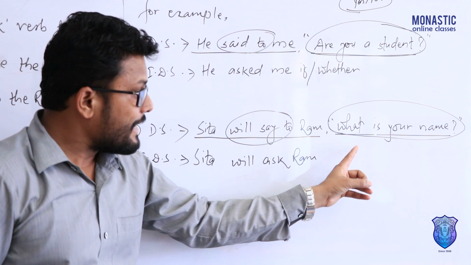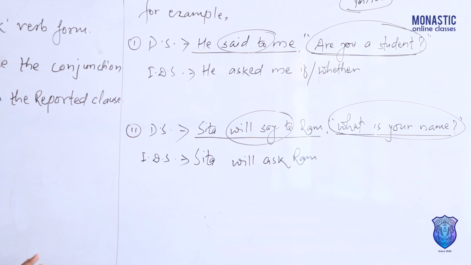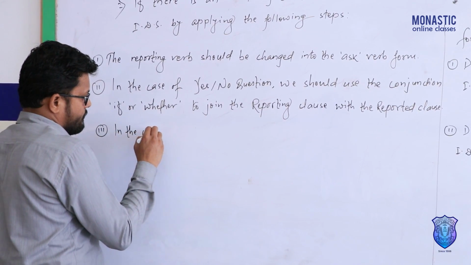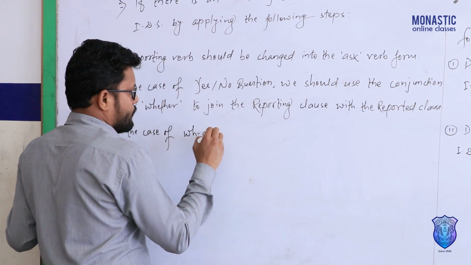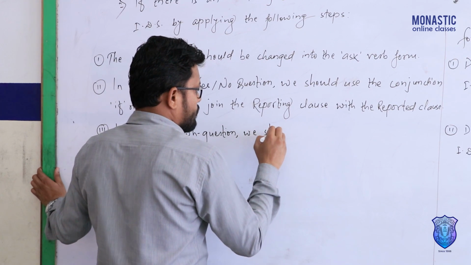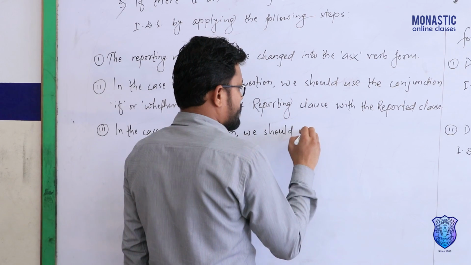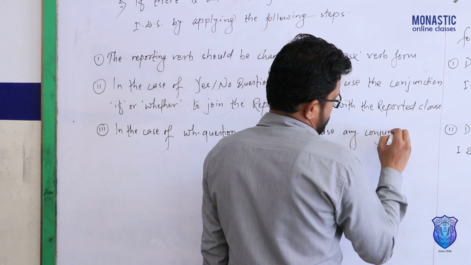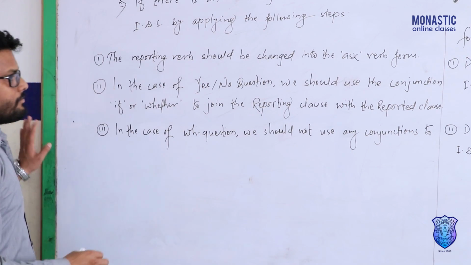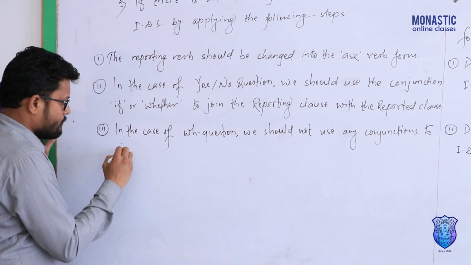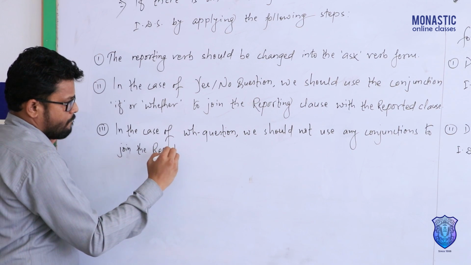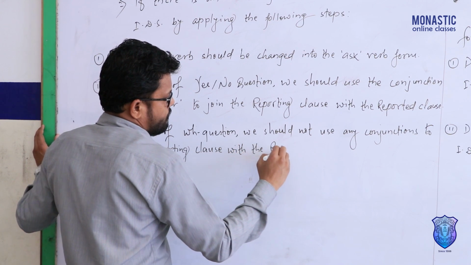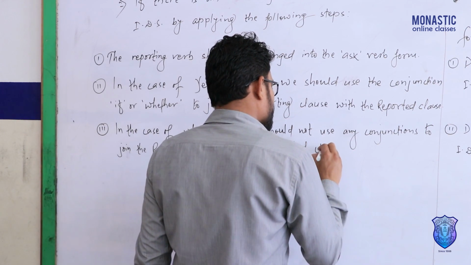But when you find that there is a WH question, we should not mention any conjunction to join the reporting clause with the reported clause. In the case of a WH question, we should not use any conjunctions to join the reporting clause with the reported clause.